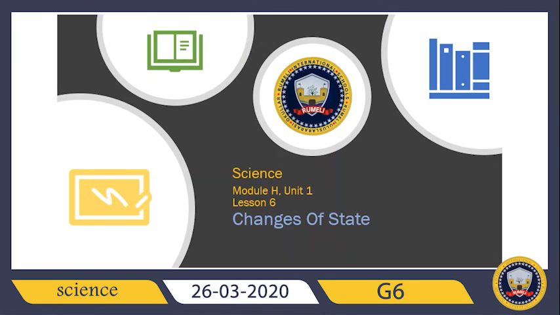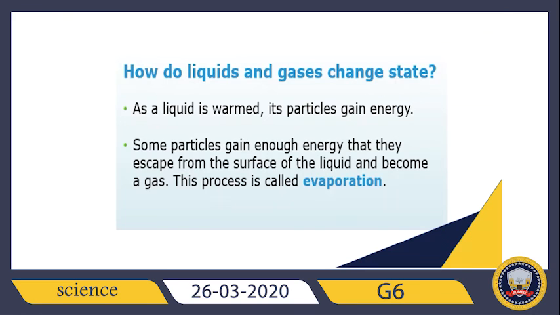Today we're going to continue our lesson about changes of state. Last time we discussed change of state of matter, and we said that all matter undergoes change in its physical state only when it gains or loses a certain amount of energy.